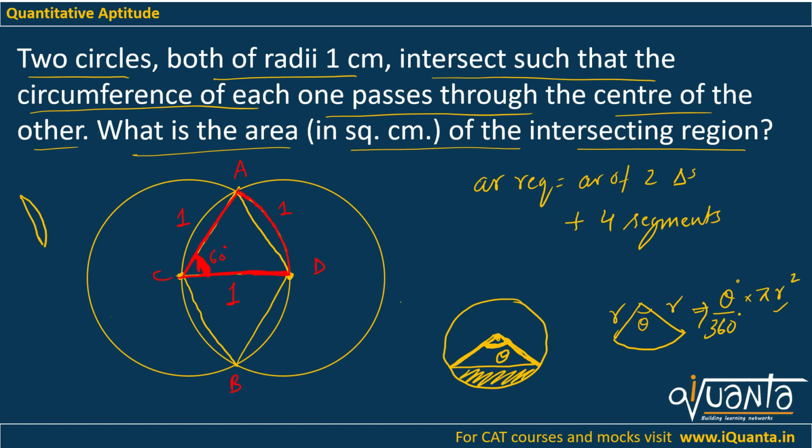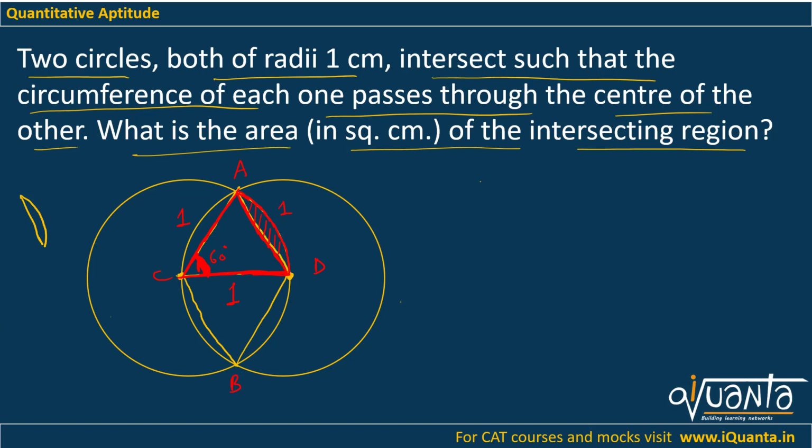So now I can find the area of this sector ACD. From that I will subtract the area of this triangle ACD, and then I will find the area of this segment. Clear? So the area of the sector will be theta upon 360, that means 60 upon 360 into pi, radius is 1, so pi r square will be pi only, so pi by 6. From the area of the sector, that means pi by 6, I will subtract the area of this triangle ACD.